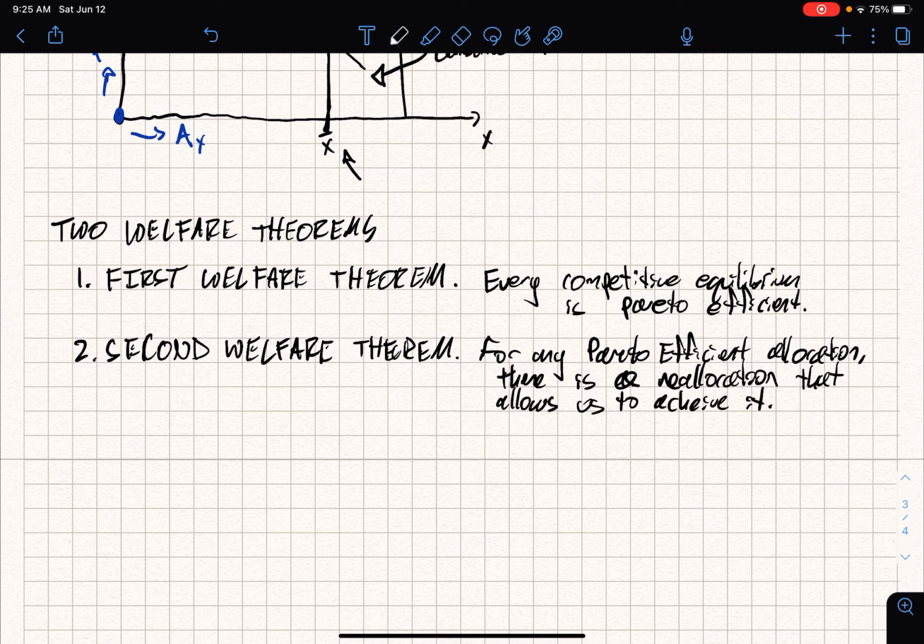Said another way, whatever our endowment is, we can reallocate and achieve any Pareto efficient allocation.